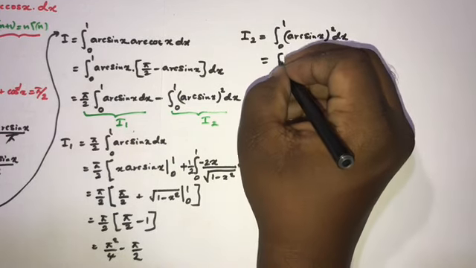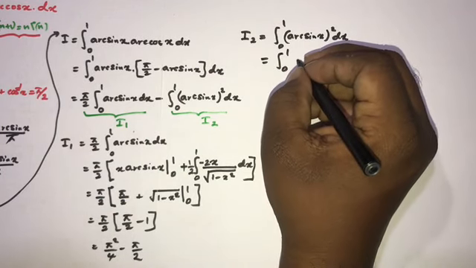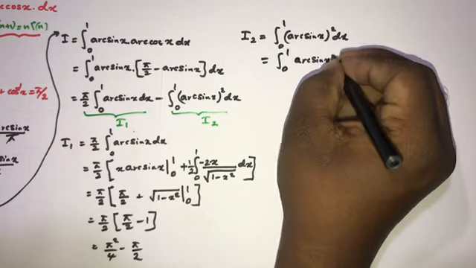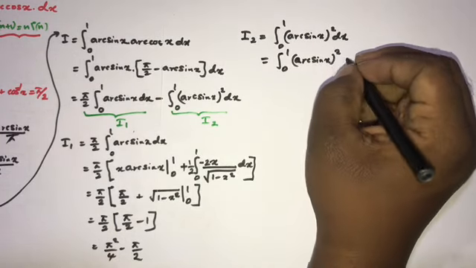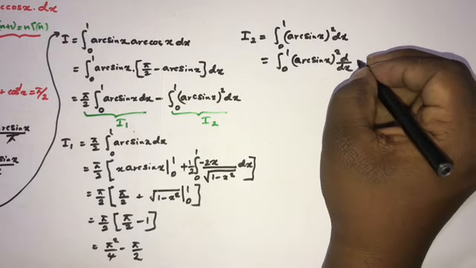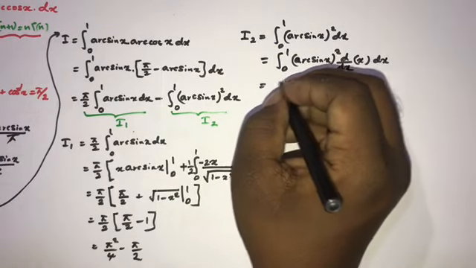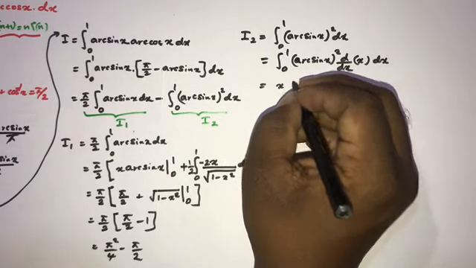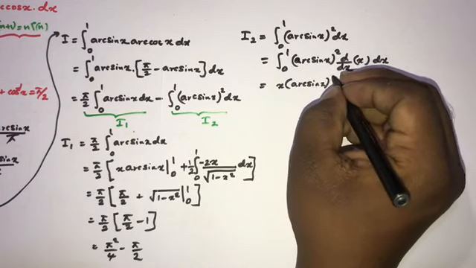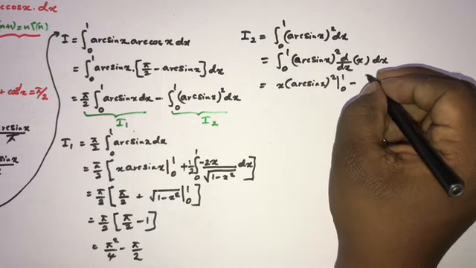So here the integral from 0 to 1, okay, arcsine of x square d by dx, and here we know x dx. Then next step we can write x times arcsine of x square from 0 to 1 minus the integral from 0 to 1.